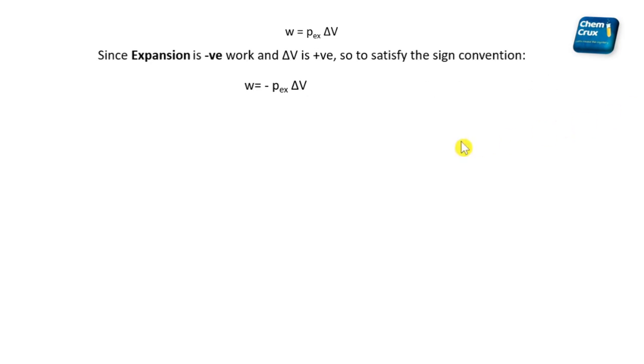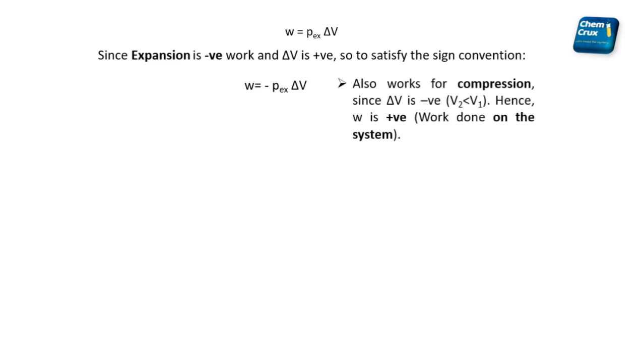Now let us find out whether this expression will satisfy the sign convention for compression or not. Compression is actually decrease in volume, right? That is the final volume is less than that of the initial volume. So your change in volume or delta V is negative. Pressure value is definitely positive. We have a negative sign in the expression. So in total we are getting work done value as positive.